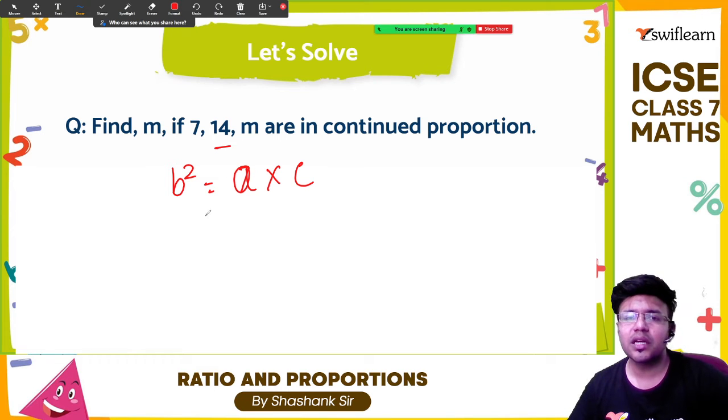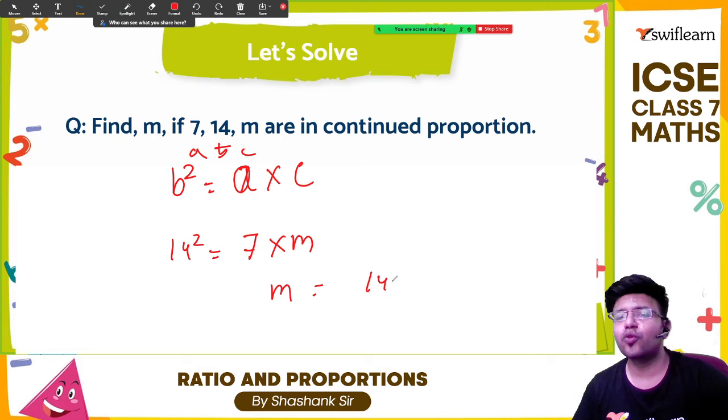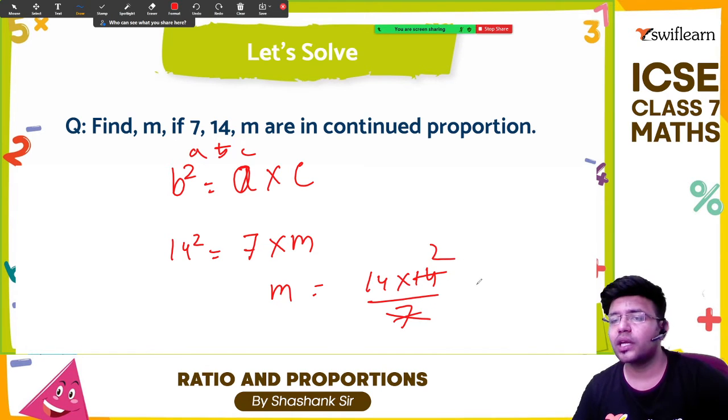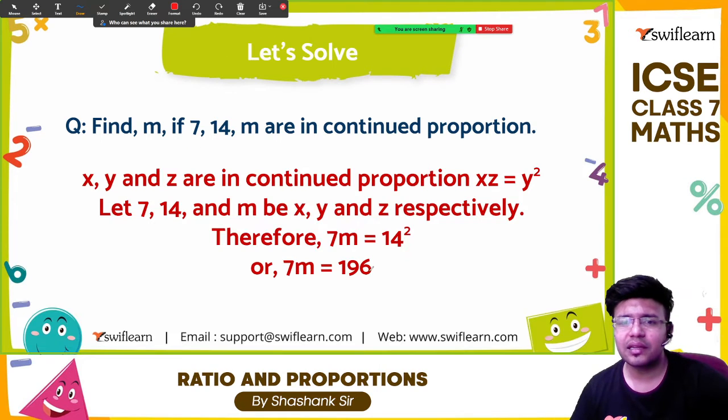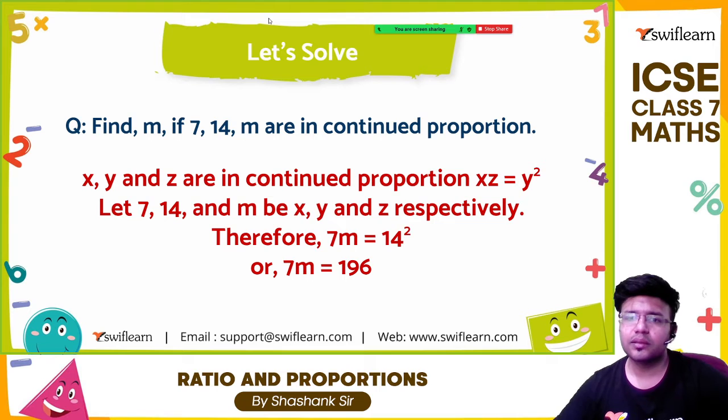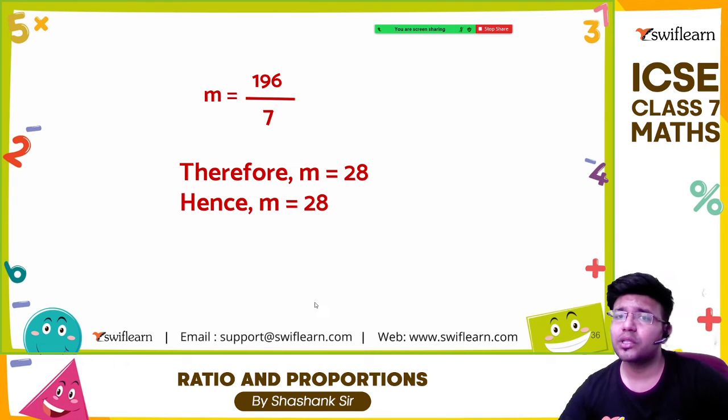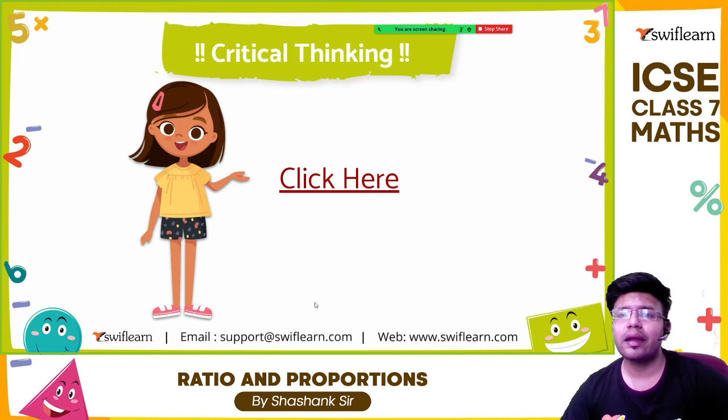The middle term is b, so 14 square is equal to 7 into m. M is equal to 14 into 14 by 7. 7 on the 7, 7 twos are 14. So m is equal to 28. 28 is the answer. You can check.